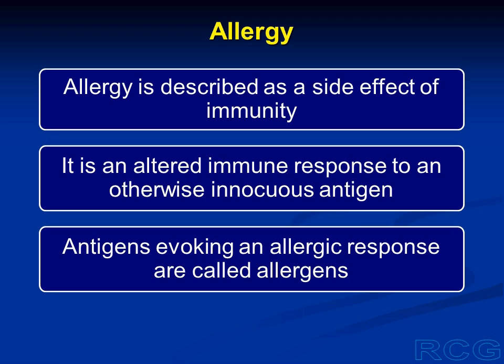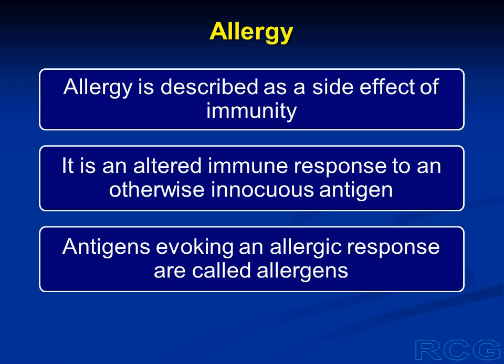The normal function of our immune system is to protect us against antigens or pathogens, and it does so by producing an immune response when a foreign antigen or a foreign pathogen enters our body. But sometimes the immune system produces an altered response.